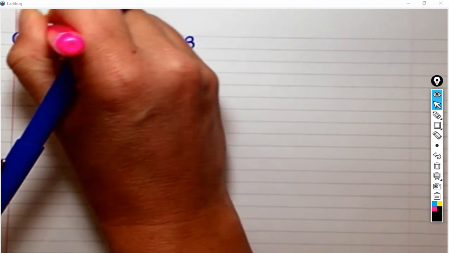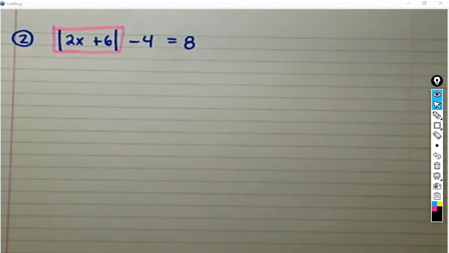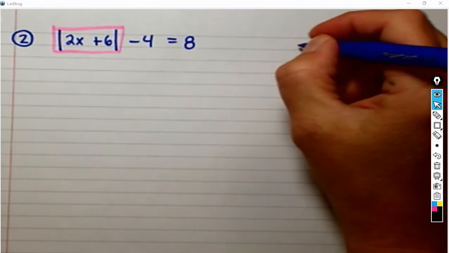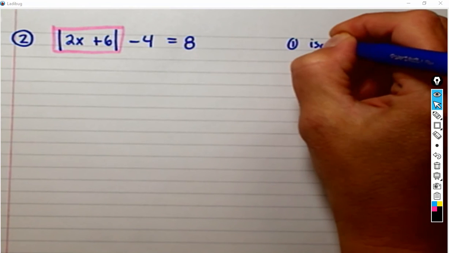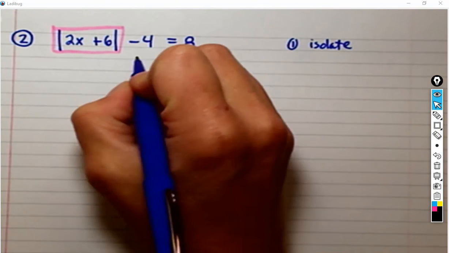So I'm just gonna, okay, that's just me looking for the absolute value. Because the absolute value is distance, so there's possibly two answers, one on either side of the center. So the first thing I'm doing is isolating.